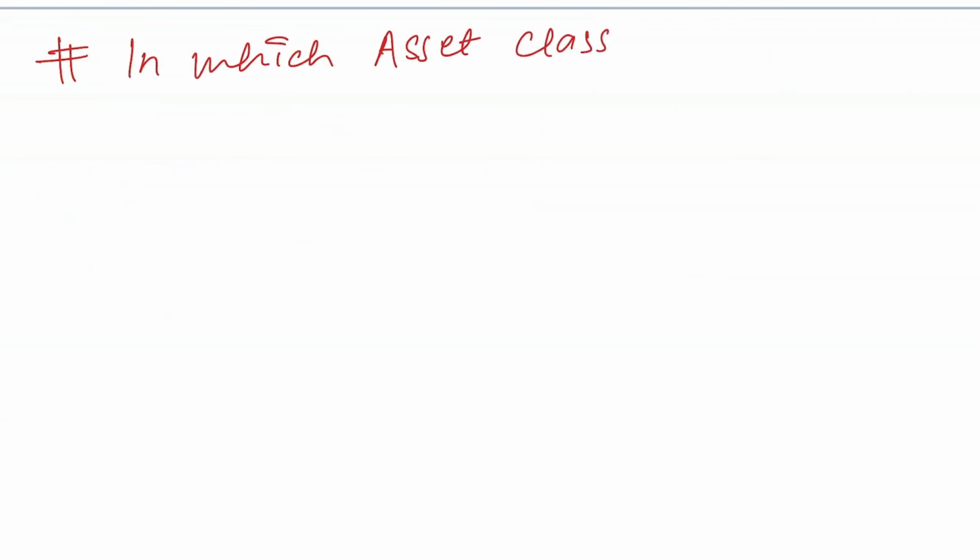So let's understand in which asset classes value at risk can be used. Okay.